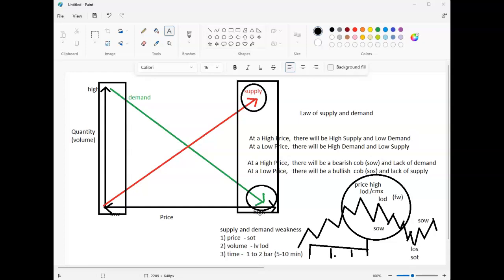Climaxes all the time terminating trend, and remember this: both need to exist together. That's just the way it is. Both need to exist together.